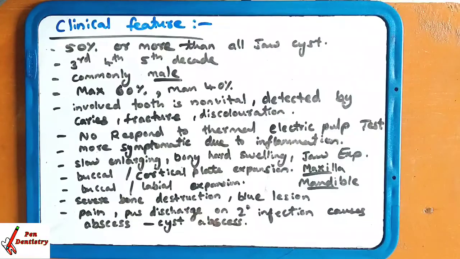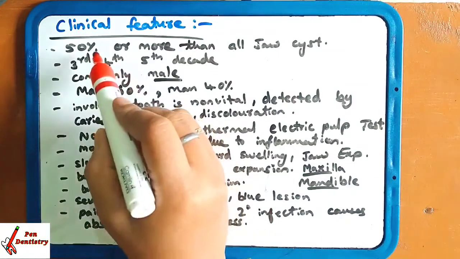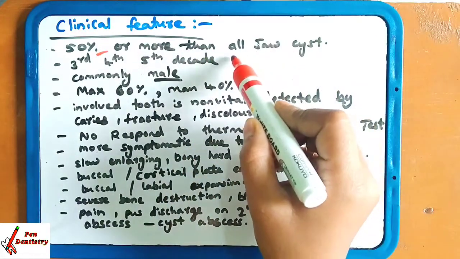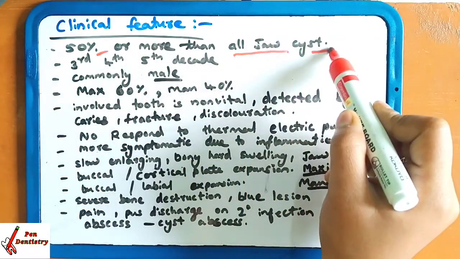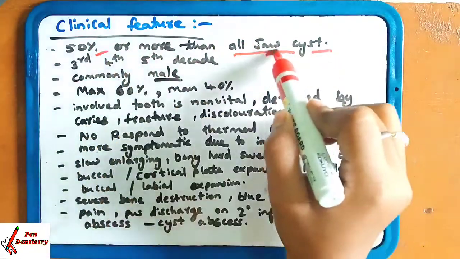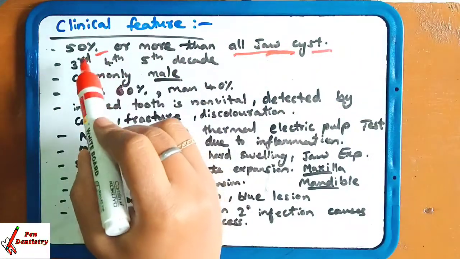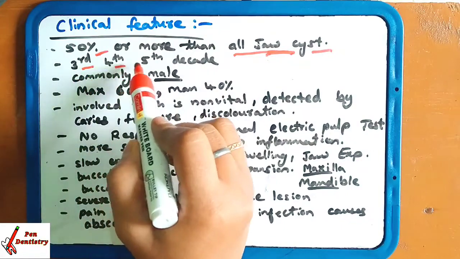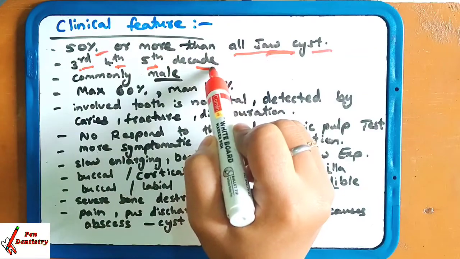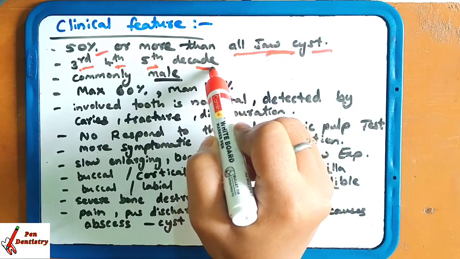Clinical features of the radicular cyst. It occurs in 50% or more of all jaw cysts. At the age of 30, 40, 50, that is the third, fourth, fifth decade, there is a formation of the radicular cyst.